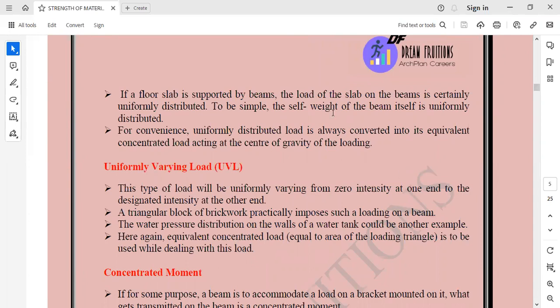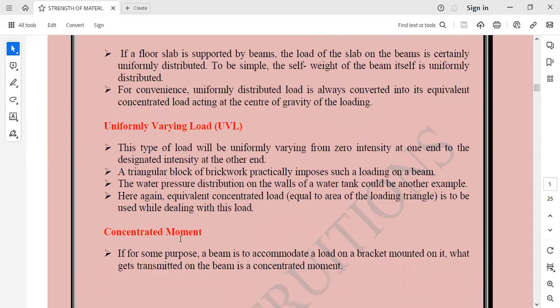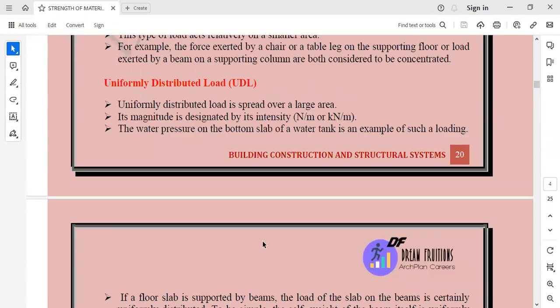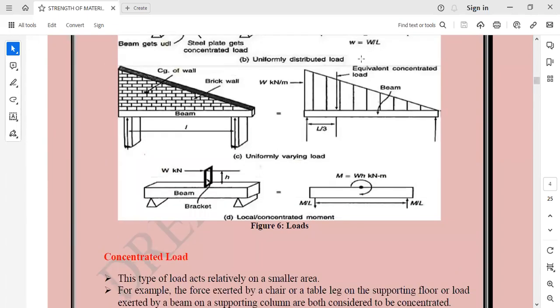Now we will discuss another type of load, that is concentrated moment. In concentrated moment, suppose this is a beam, and this beam is simply supported on two columns, and there is a bracket resting on the beam.